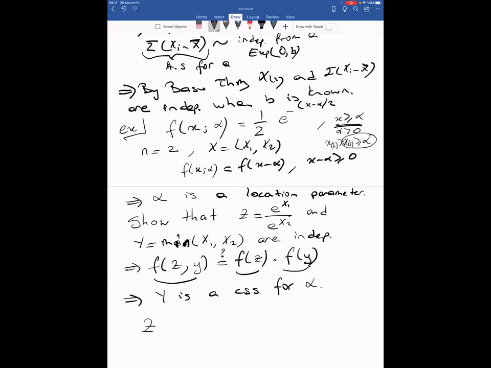Okay, so let's focus on Z. So it is e to the x1 over e to the x2. We can write this as e to the x1 minus x2. And here we know that we have a location parameter. And when we have a location parameter, the distribution of x minus alpha should be independent of the parameter, right?